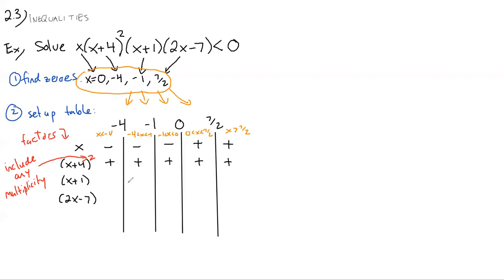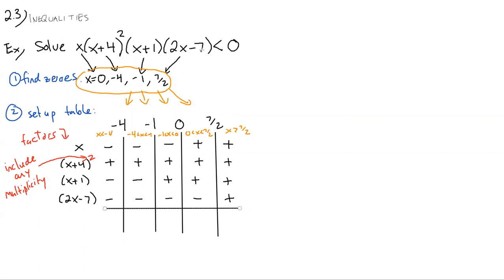So for x plus 1, that's going to be negative until we get to negative 1, and then it's going to switch over and be positive. And 2x minus 7, the 0 for that one is 7/2. So it's going to be negative until we get to 7/2. Now you could test some numbers in those regions to check, but this should work out. And if I plug in a number bigger than 7/2, say 4, you can see that we should get a positive.